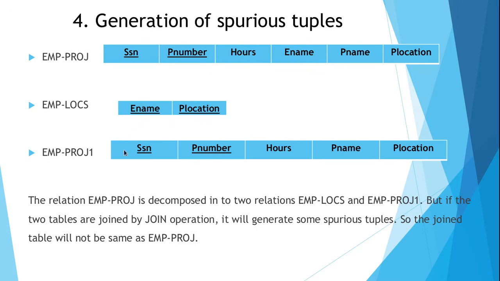That is, if you combine these two tables, the joining condition will be P location equal to P location in this table. So P location will be compared. Here P location is not the primary key. Independently P location is not unique. Both E name and P location together are the primary key. So here in the joining condition we are not using a primary key, super key combination. In that case, spurious tuples may occur. That gives wrong information in the database.